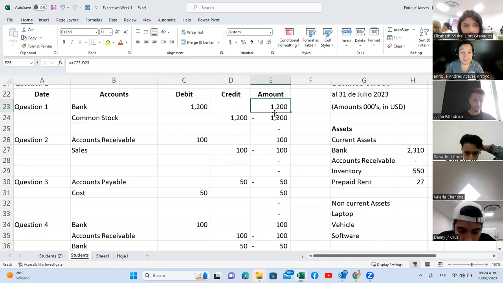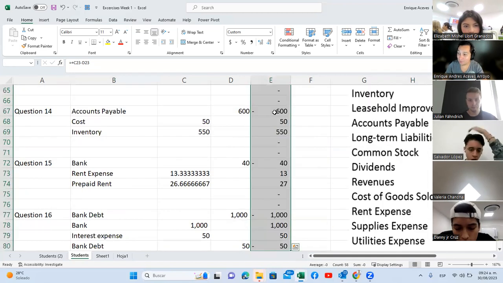Everybody, guys, the first thing before creating any financial statement is to see if you have everything balanced. If you don't have everything balanced to zero, there's something wrong in there.